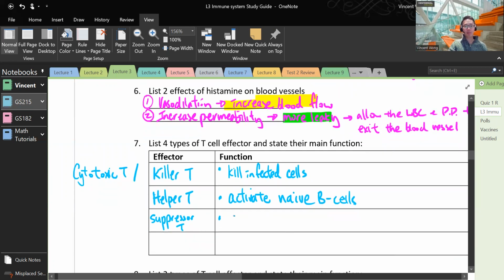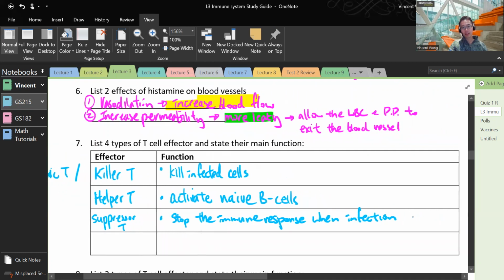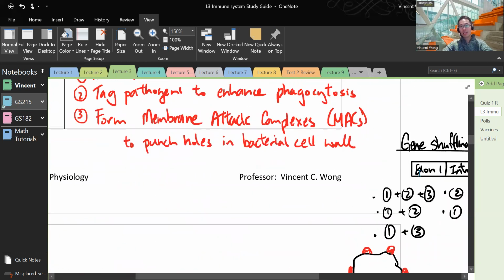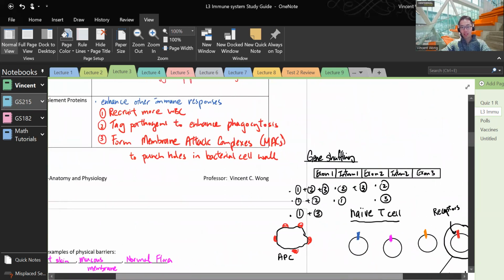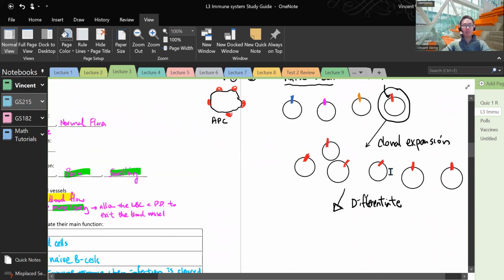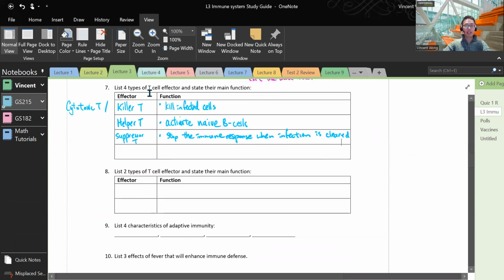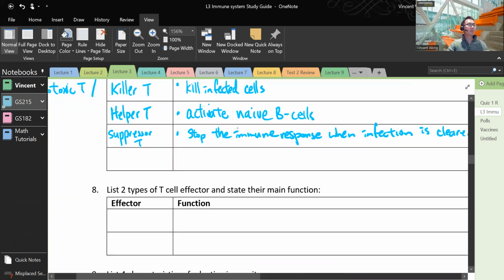So we need to stop the immune response when the infection is cleared. Otherwise, they will keep on cloning themselves, right? We don't want this clonal expansion to keep on happening. It's going to lead to uncontrolled cell division when the infection is over. So that's why we need this suppressor T cell. It's going to stop the whole thing from continuing.